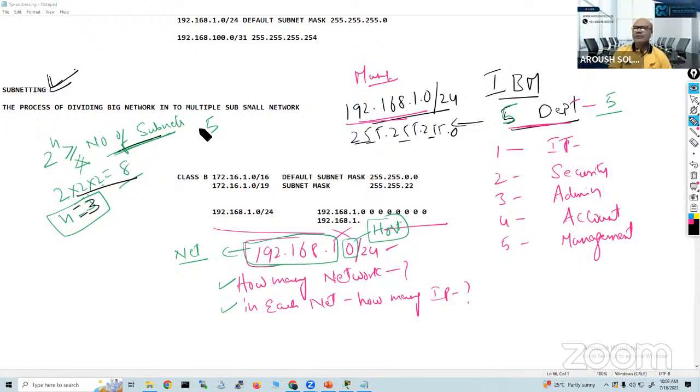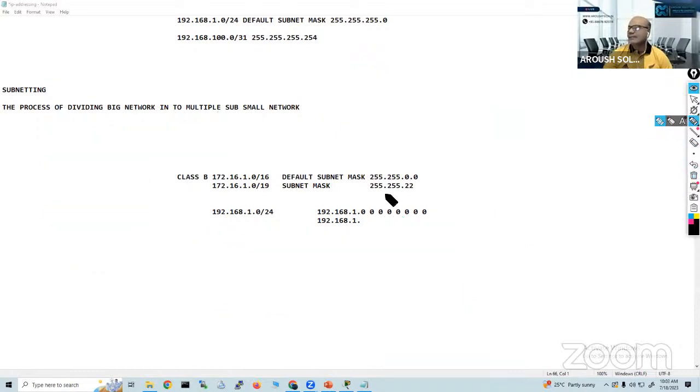If you have 5 subnets, or even if you require 8 subnets, it is the same: the n value is 3, since 2 to the 3 equals 8. You understood, guys? You wanted 5 subnets, not 8. First understand what I'm trying to say. Let me go down.